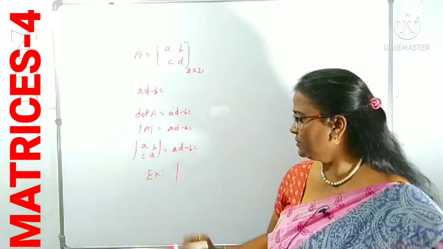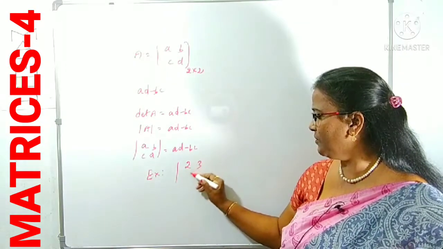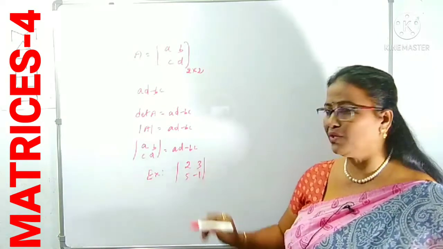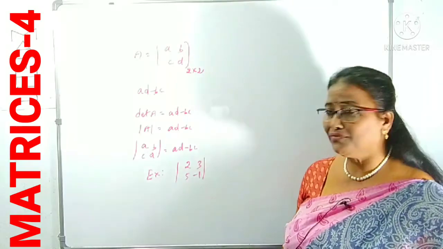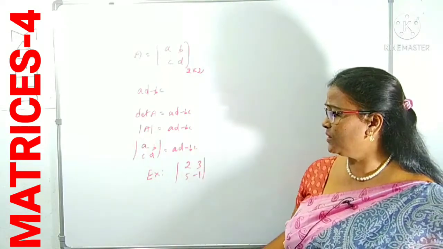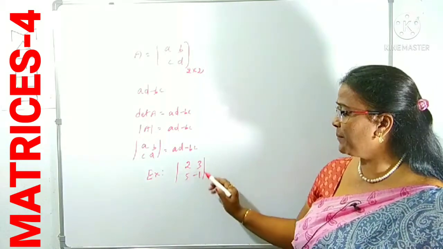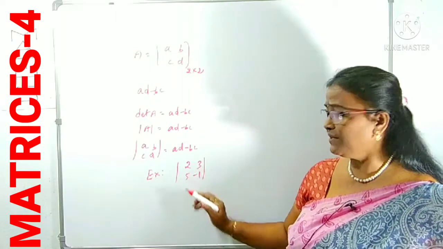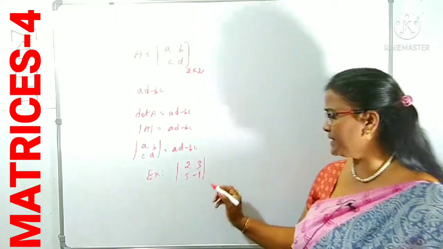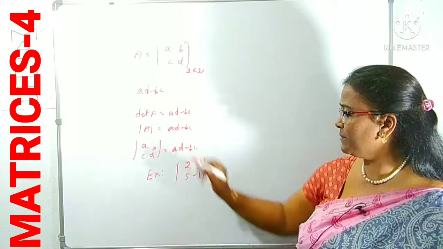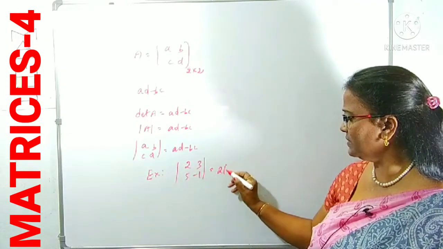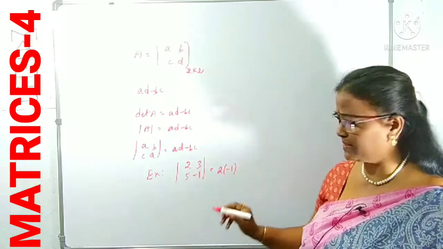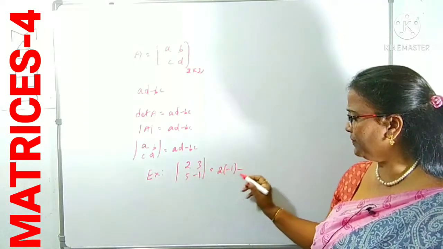What is det of 2, 3, 5, minus 1? If you want the det of this one, how can you find out? According to this one, what is a? 2. b? 3. c? 5. d? Minus 1. According to this formula, ad means 2 into minus 1, and in the middle we use minus of 3 into 5.